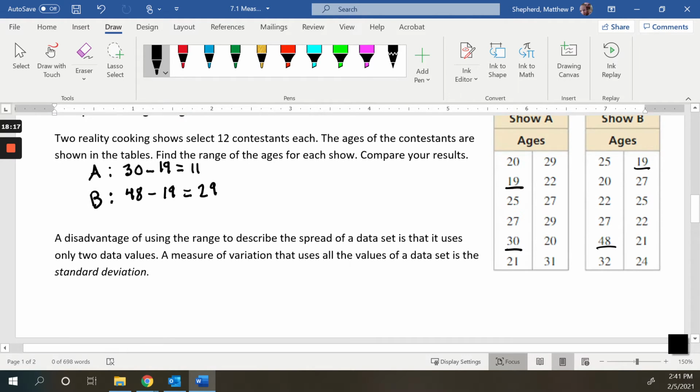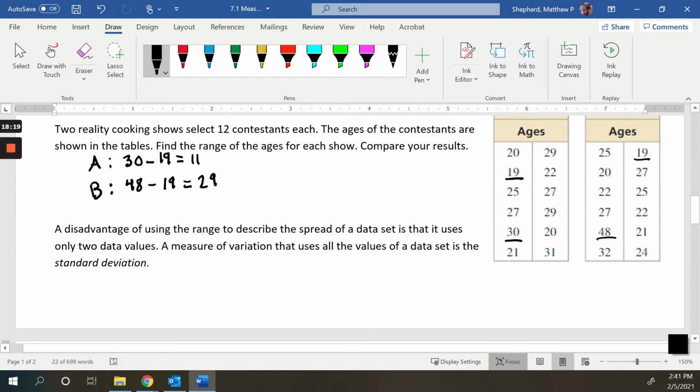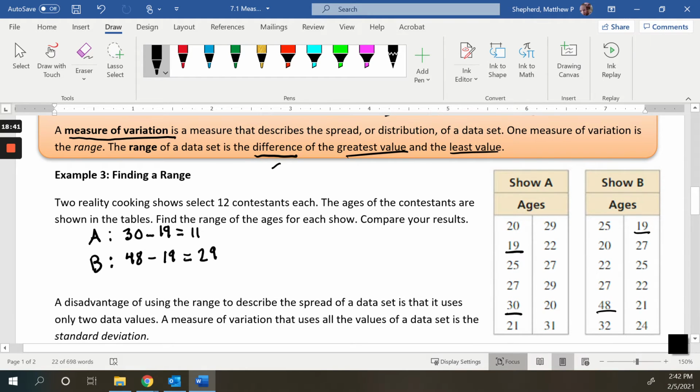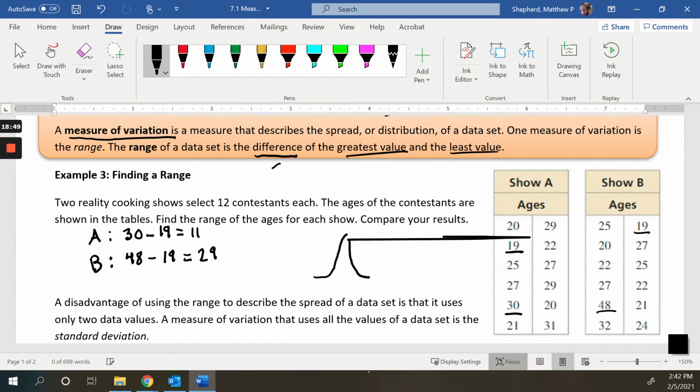Now, part of the problem with doing that kind of analysis with range is that it's fairly limited in that it ignores all the numbers in between. We only used two numbers to calculate how much variation was happening here. And so it may not give us the best image. So, for example, we say that data has very little variation if it's got kind of this tall, thin peak when we graph it.